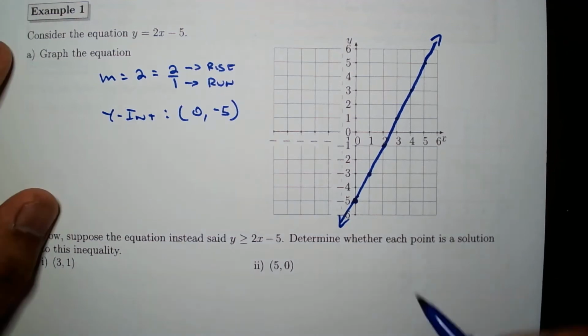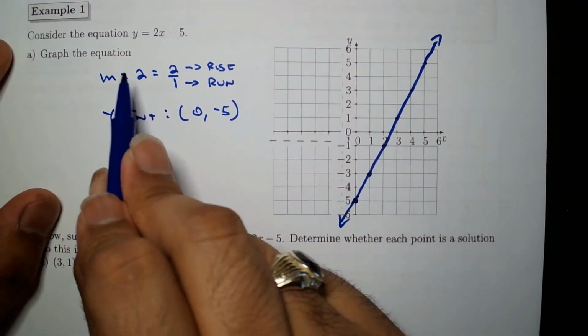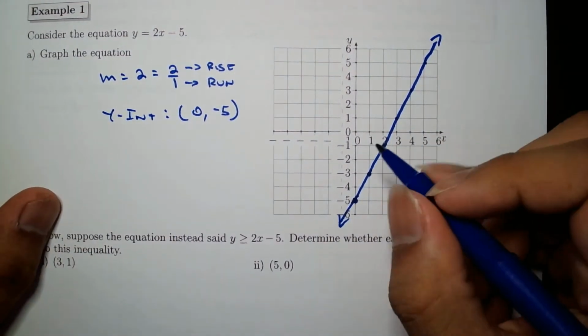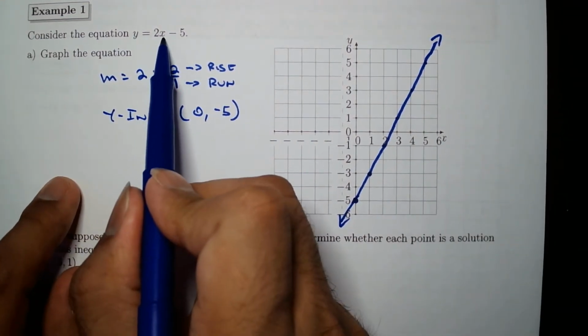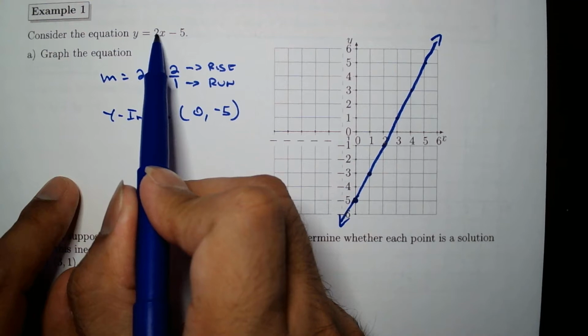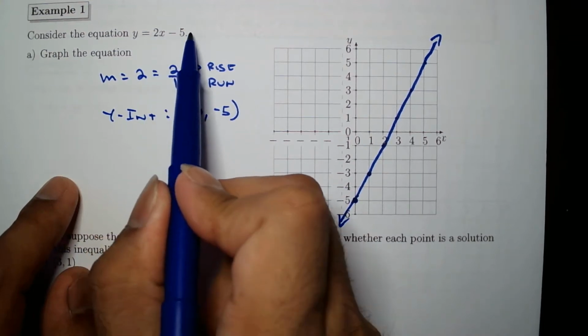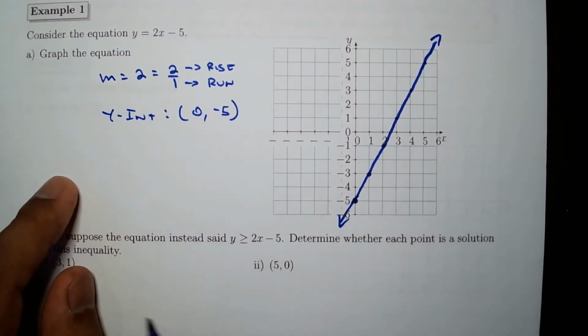Alright, so all the points that lie here are solutions to the equation. For example, the point 0 comma negative 5: if you plug in 0 for x, 0 times 2 is 0, minus 5, y equals negative 5, so 0, negative 5.